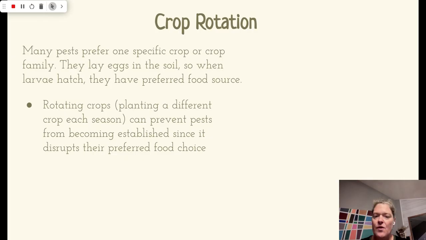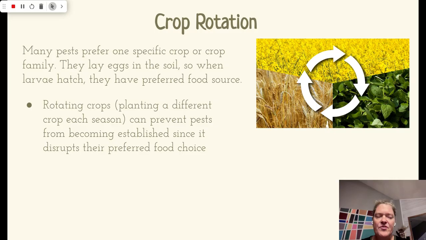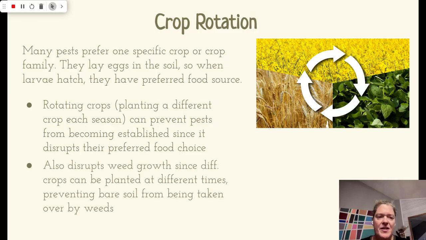But if we're rotating crops on a regular basis each season, this prevents the pests from becoming established in that area because it disrupts that preferred food choice. Now they don't have that to feed on, so it deters them from laying their eggs in an area.